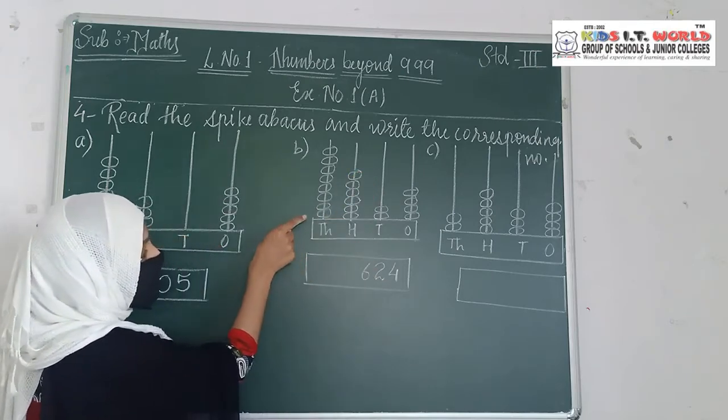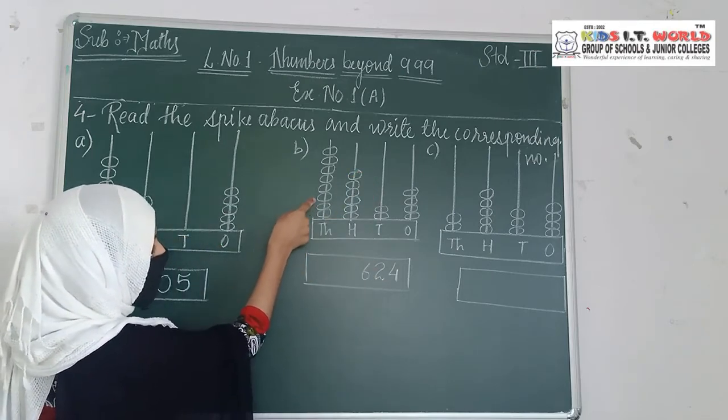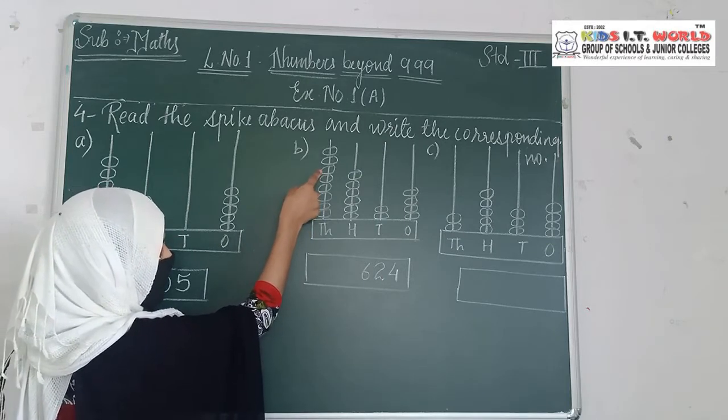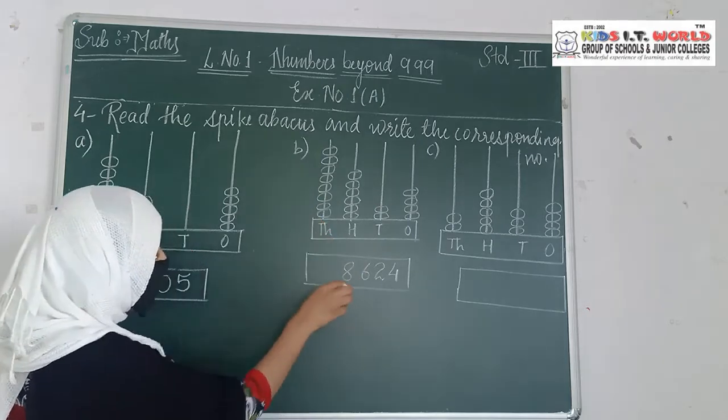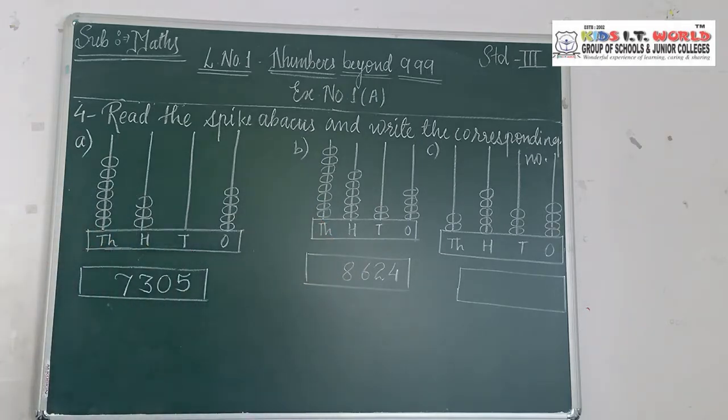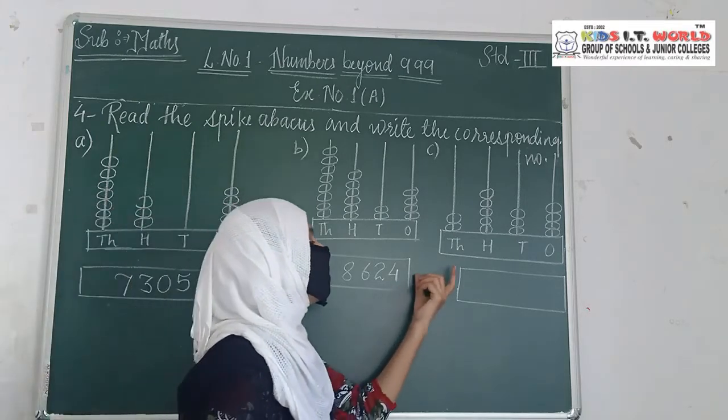And on the thousands it is 1, 2, 3, 4, 5, 6, 7, 8. So we got the value from the abacus, that is 8624.